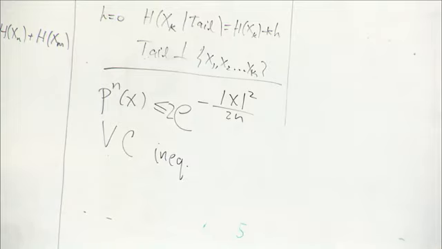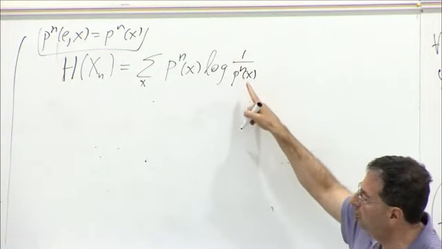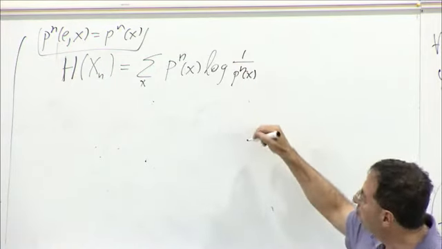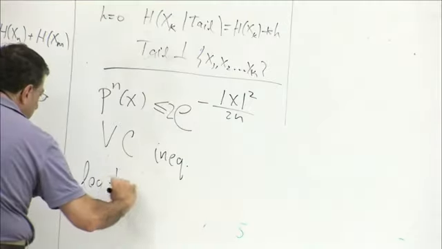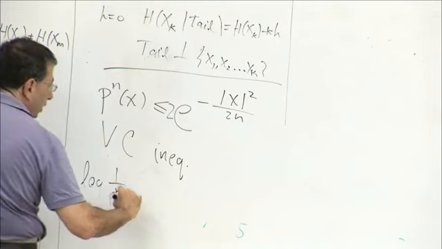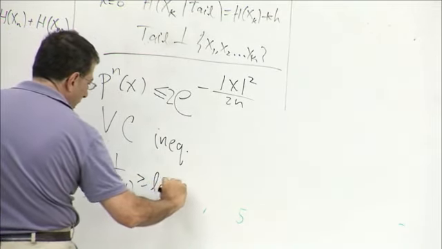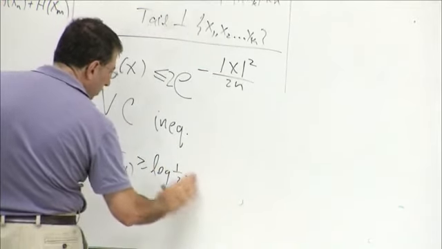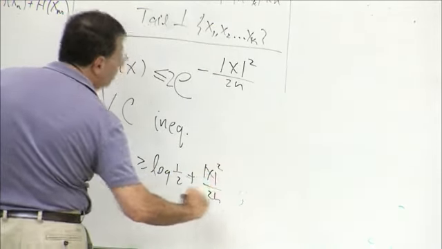And the key to get the short proof, this is summing over x, is we want to use Varopoulos-Carne, but only on one term, only on this one, right? Because log 1 over Pn of x is going to be at least, well, log half plus x squared over 2n.